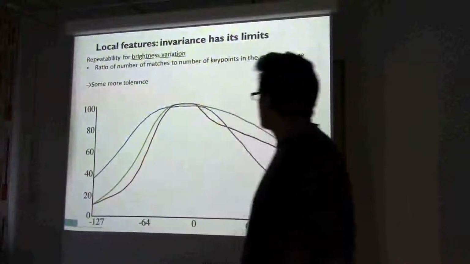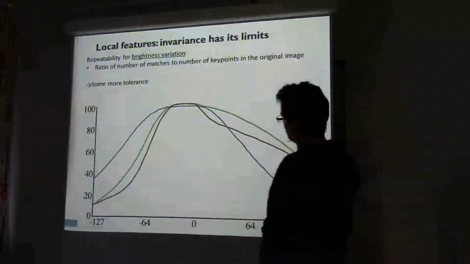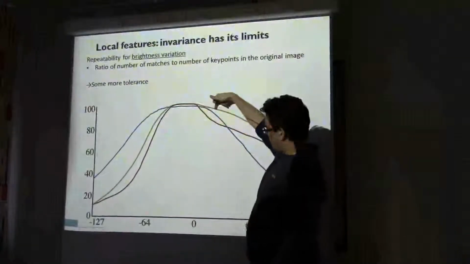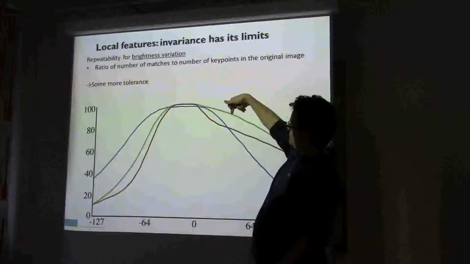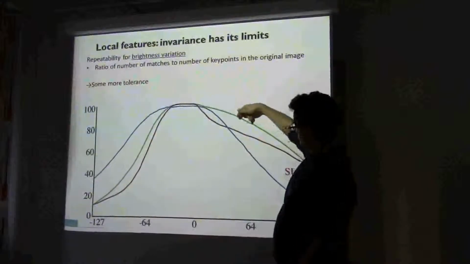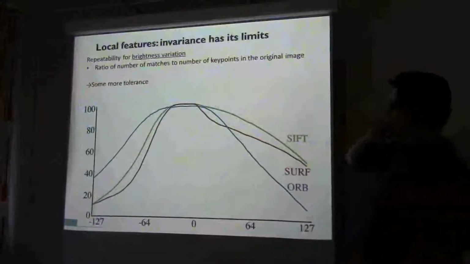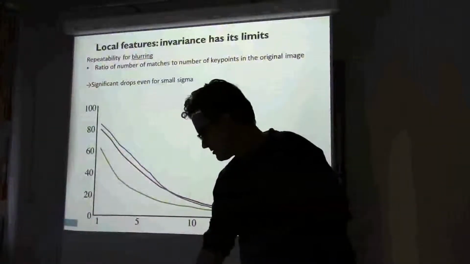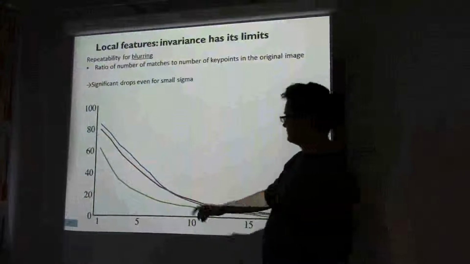This is for brightness variation. It's the same. Well, this is more tolerant, but at some point you start to get saturation in your image. Things go down. And this is for blurring. It's the same.